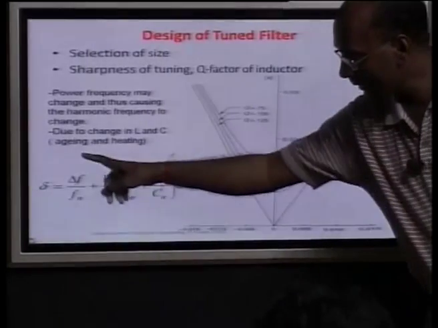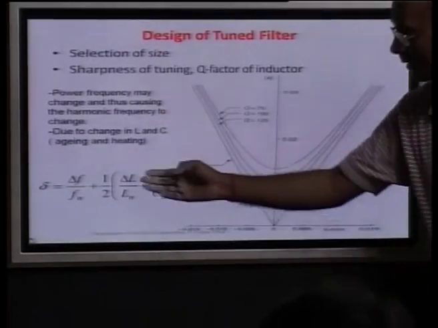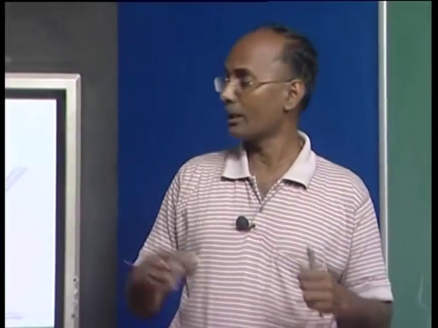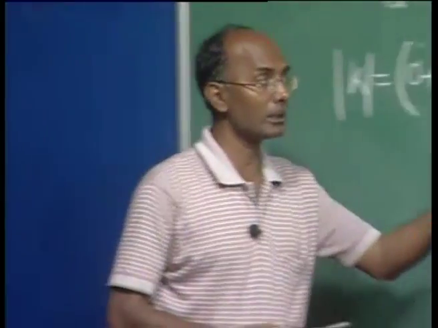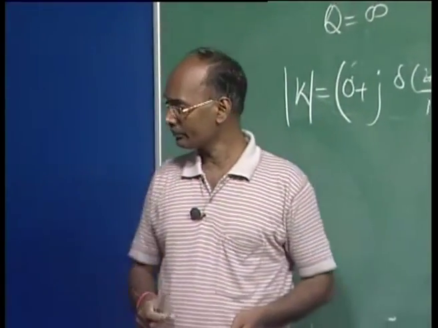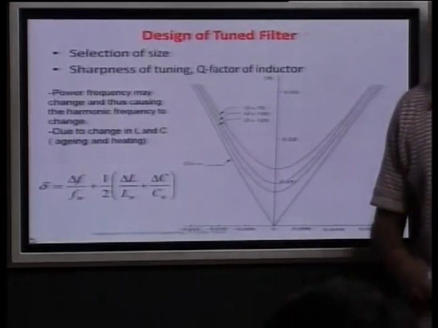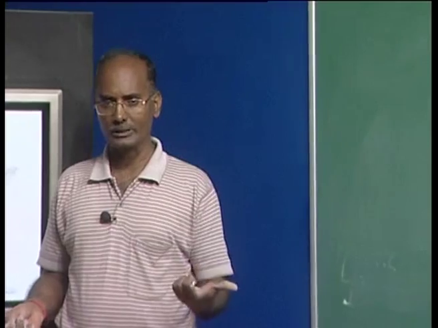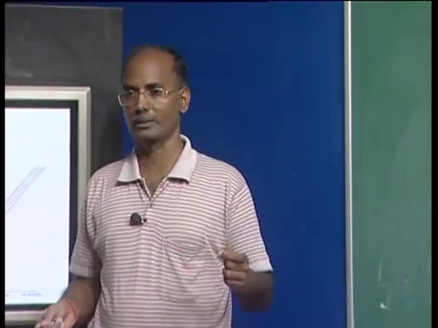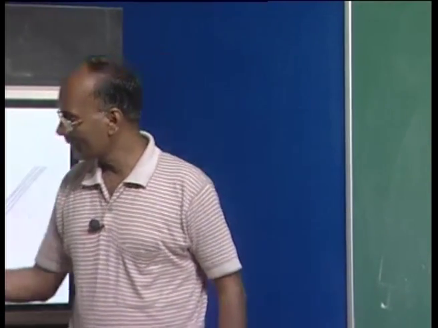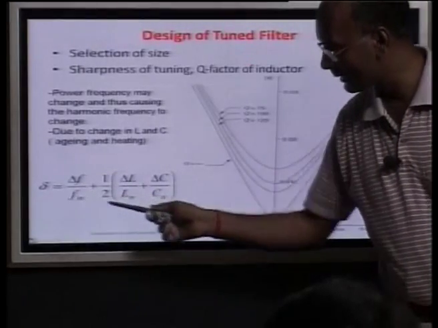So one factor is the frequency change, and another is the change of the elements of the tune filter itself, because the inductance may change and the capacitance may also change, due to aging or maybe due to heating. No doubt the value change is very small, but it is still significant. So this delta is basically defined in terms of this.